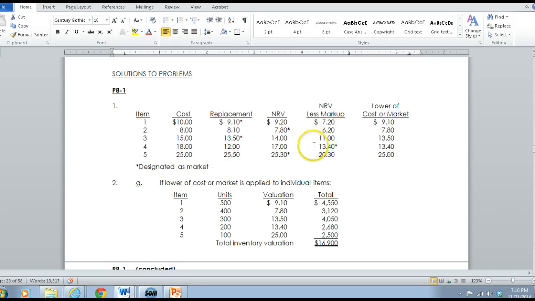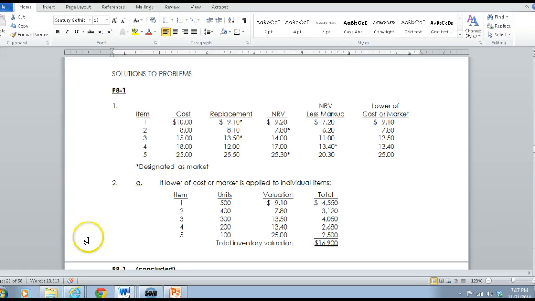So we're going to only use the floor, the net realizable value less markup, to write it down to. And then last, we've got a cost of 25, replacement of 25.50, our ceiling's 25.30, and our floor is $20.30. So in this case, we're going to keep our cost right where it is.